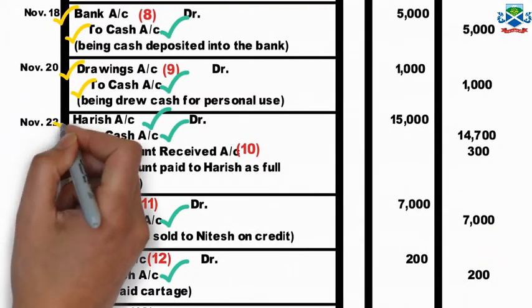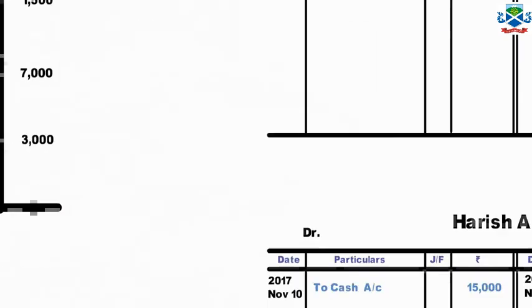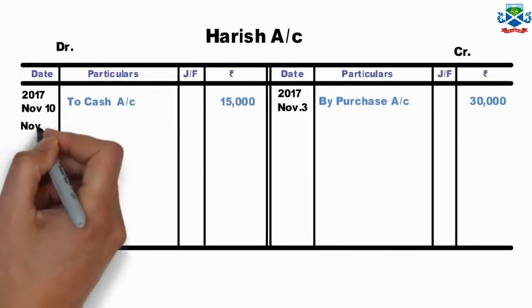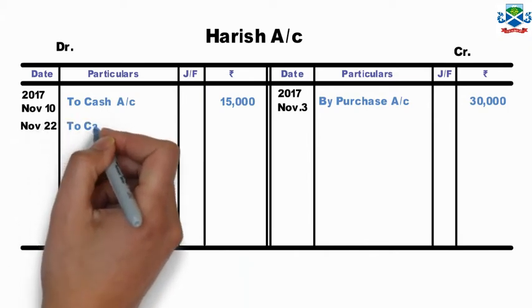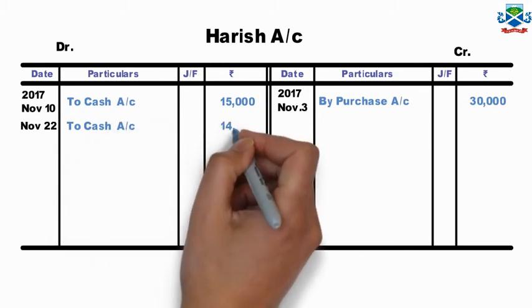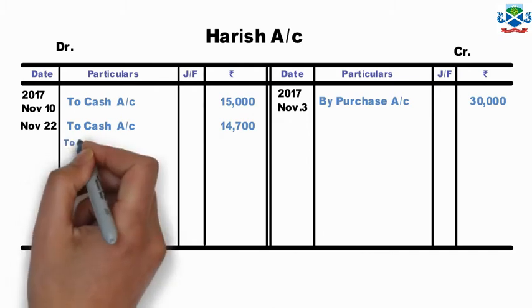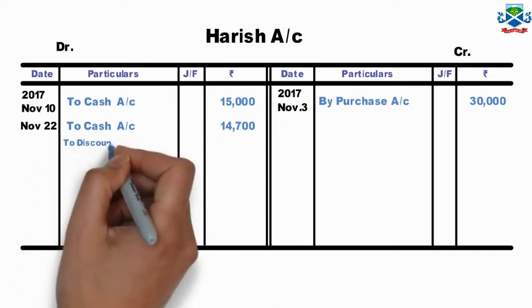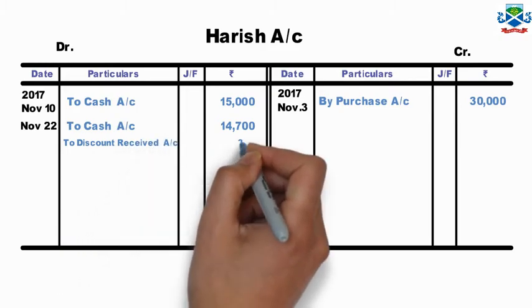Next, Harish's account debit to cash account and to discount received account. So we'll go to Harish's account. Harish's account is debit, to cash account 14,700, and to discount received account 300, as you have worked out in the workings.